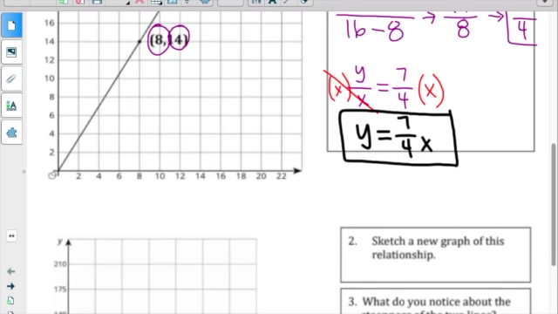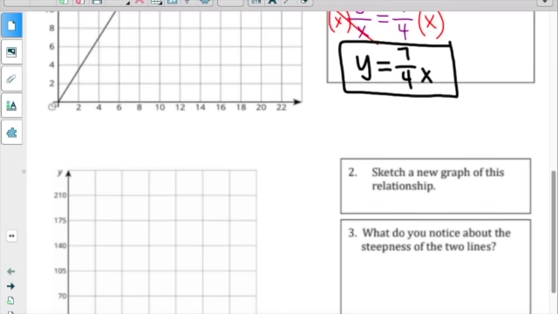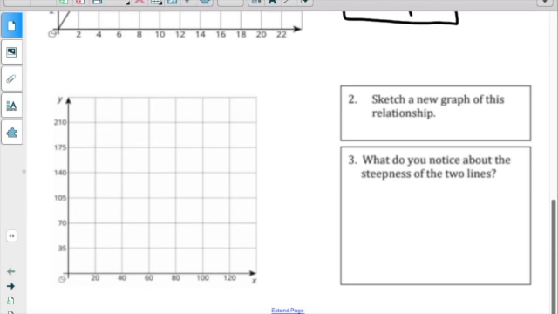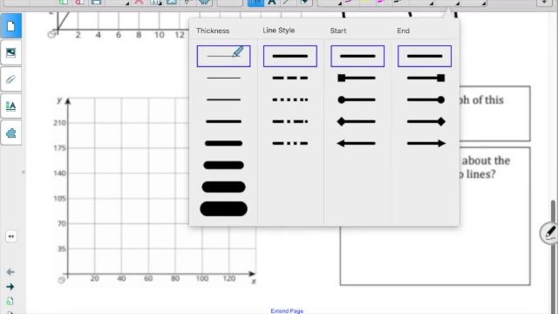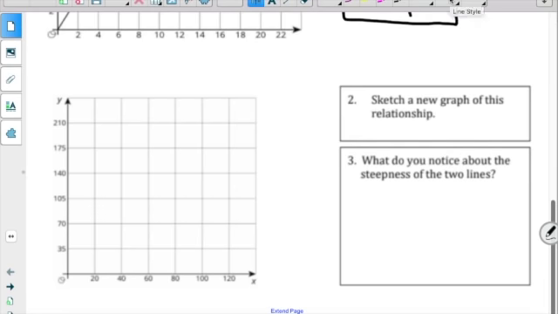Okay, on the bottom of your page, number 2 says to sketch a new graph of this relationship. So we're going to graph that down here now, and it's y equals 7/4 x. So if I look at my graph and I look at my x variable down on the bottom, I'm going to pick, right in the middle, 60.